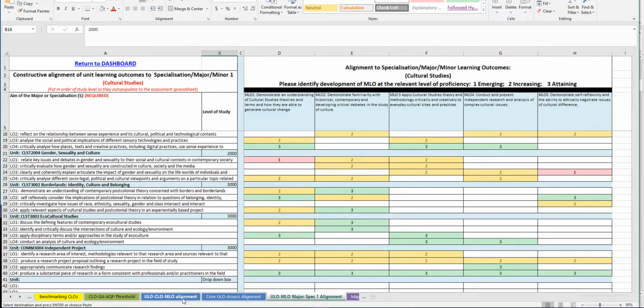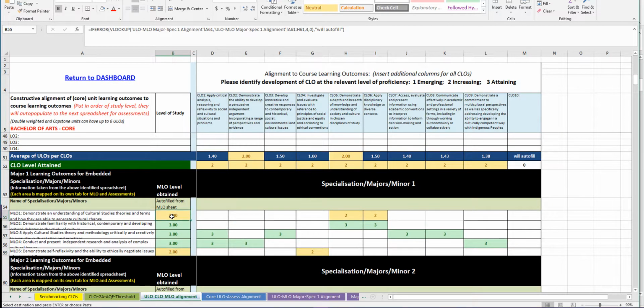And what I would do is I would come back here, and I know actually that these are correct, and I can just put a 3 in, and that will override it. And then that means that these should actually be 3s. Because that is correct, my major learning outcomes or my specializations should be at a 3 level because they have the specializations or the more advanced units.